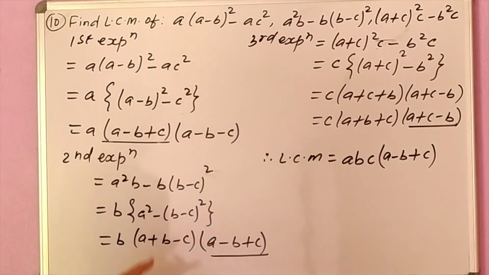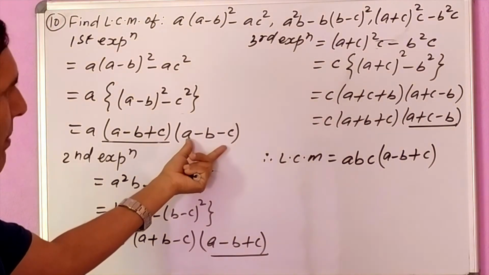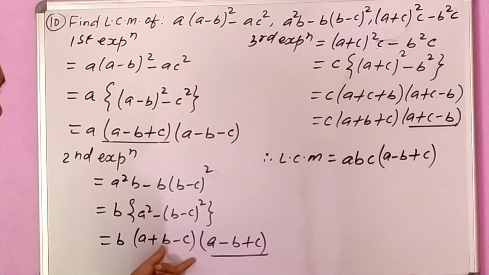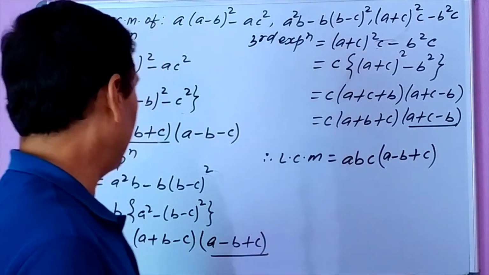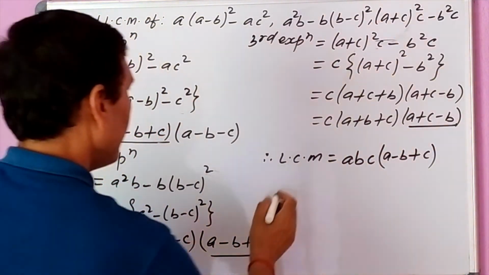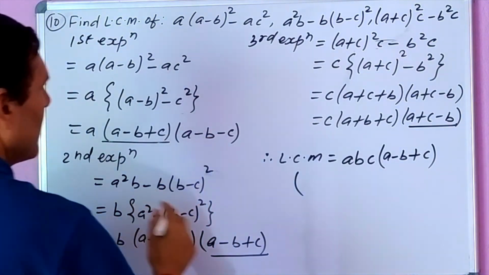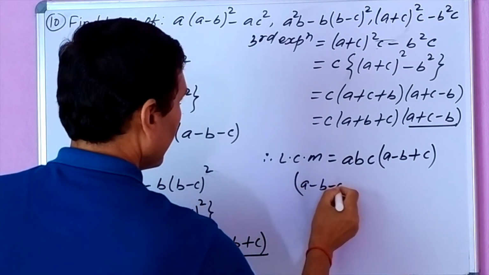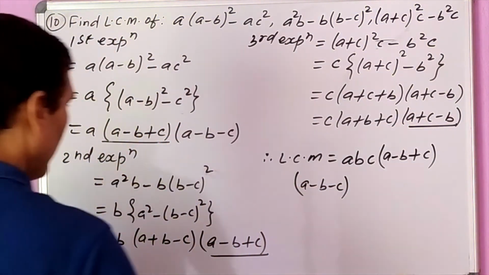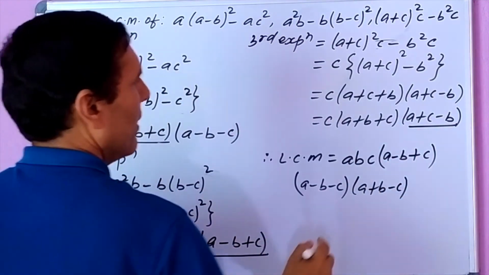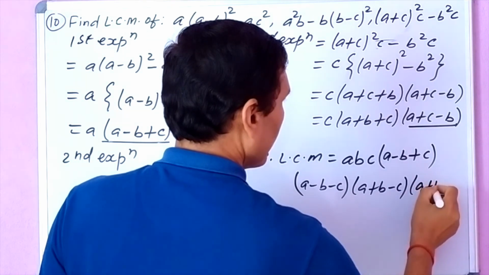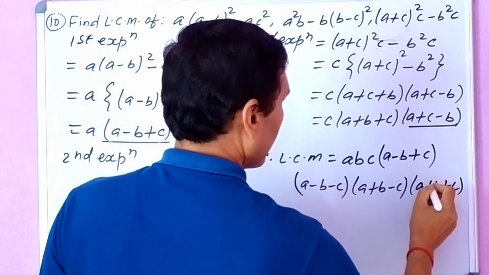Now the remaining factors: a minus b minus c, here a plus b minus c, here a plus b plus c, all are different. So you have to write these all. Here a minus b minus c, here we have a plus b minus c, and here we have a plus b plus c. These are the remaining factors.